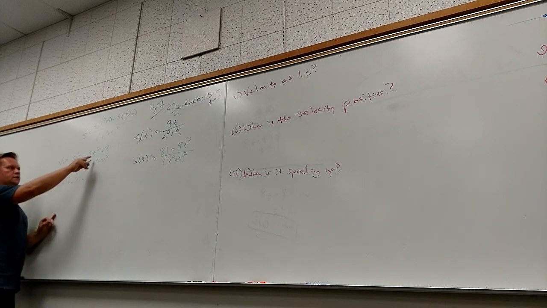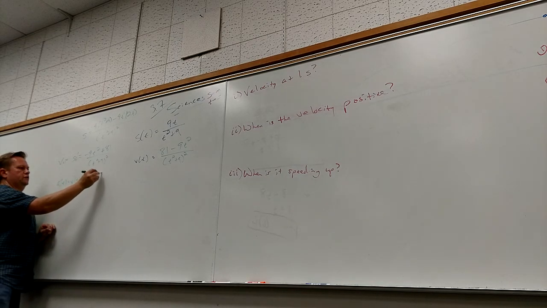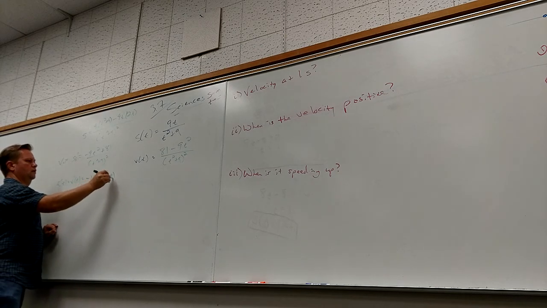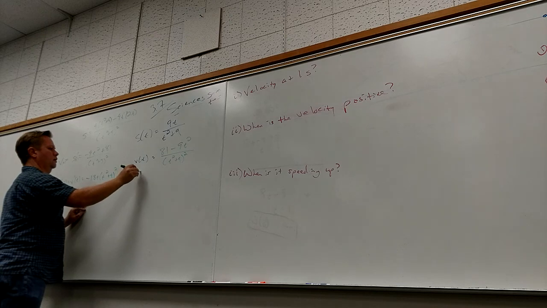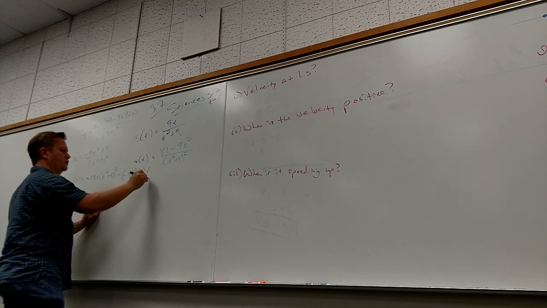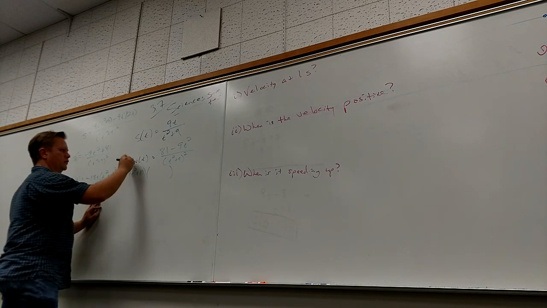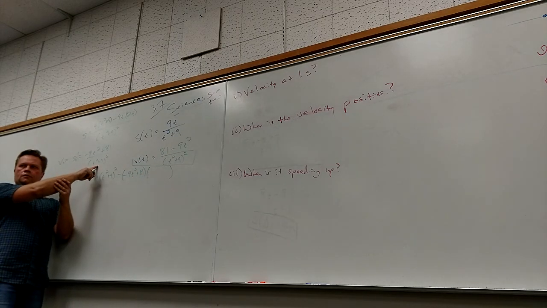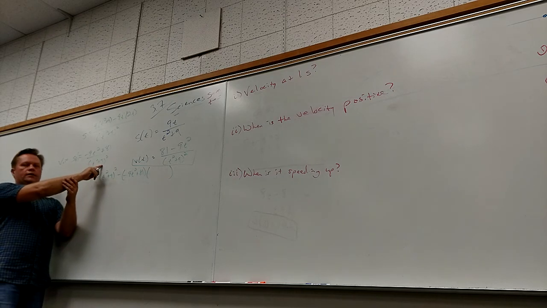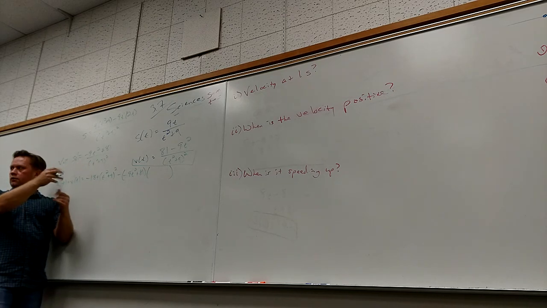Catch up to you guys. So top's derivative times the bottom minus top times the derivative of the bottom. How do I take the derivative of the bottom? Chain rule. That's right, because the inside is more than just t.